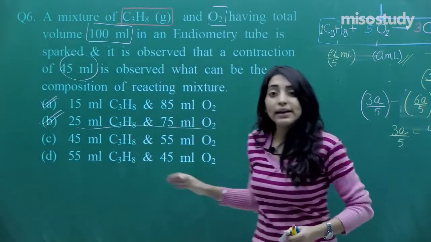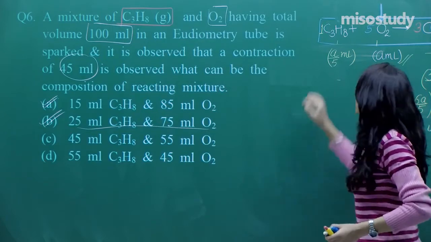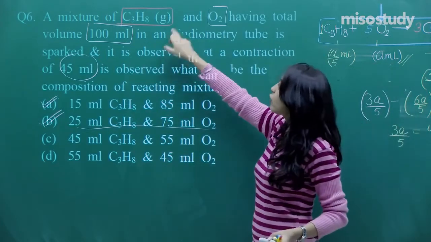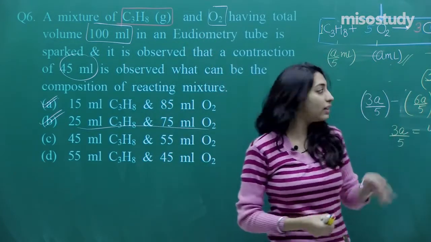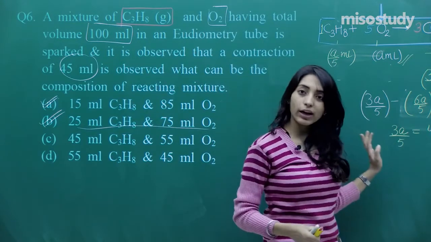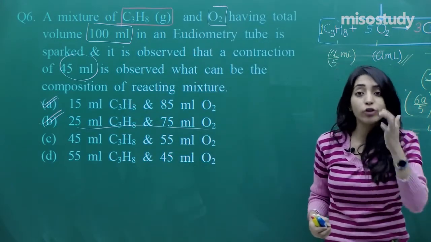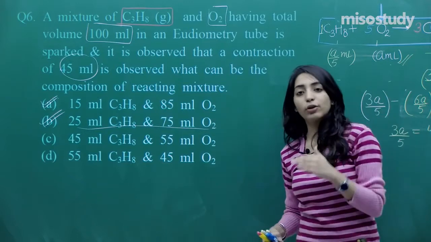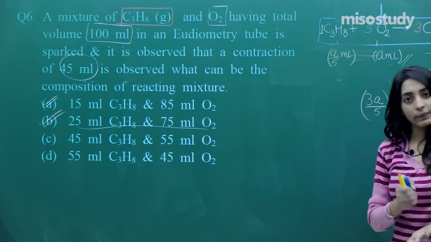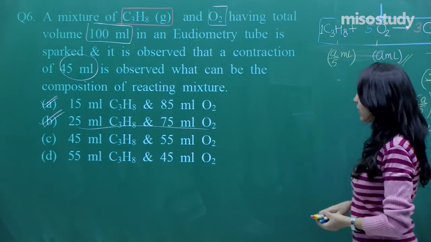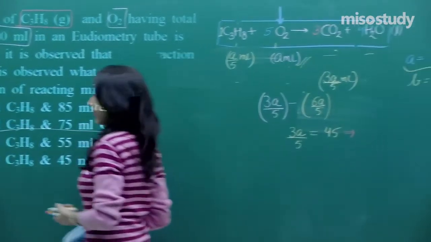Right? So depending upon whether you are taking C3H8 or O2 as the limiting reagent, the answer will vary. One time you will get the first option as the correct answer, another time you will get the second option as the correct answer. So guys, note it down quickly so that we can continue with the 7th question.